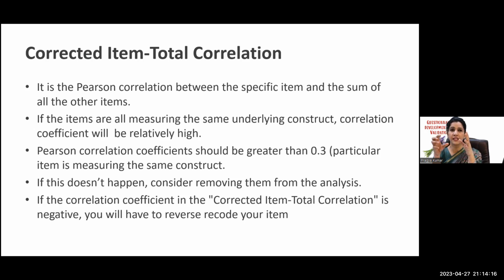If the items are all measuring the same underlying construct, the correlation coefficient should be high, and we expect it to be greater than 0.3. If the corrected item total correlation is less than 0.3, consider removing that item from your scale, because then your scale is not reliable.